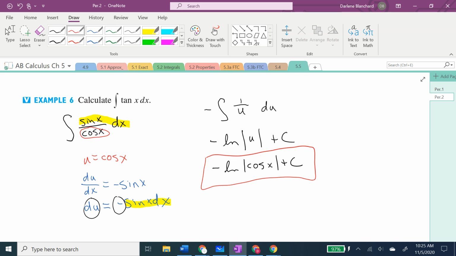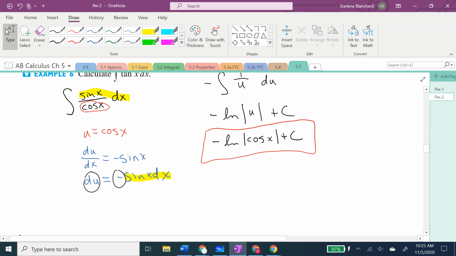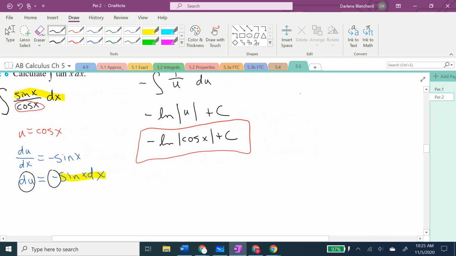A lot of textbooks, including yours, however, rewrite this using a log rule. And that log rule is: if something is multiplying my logarithm, it can become an exponent inside my logarithm.